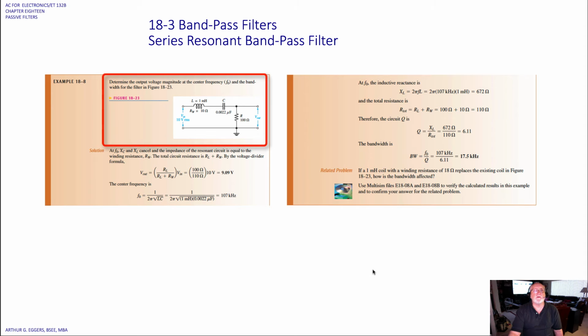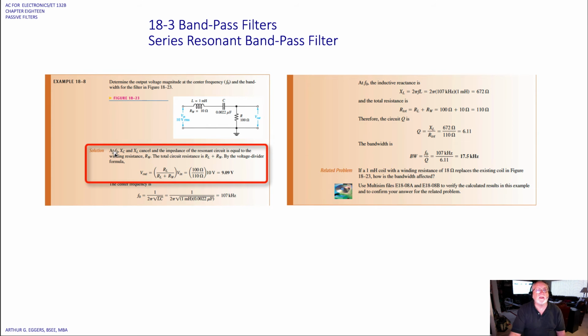So in this example, we want to determine the output voltage magnitude at that center frequency F naught and the bandwidth for the filter. Let's take a look at this circuit. We've got a 1 millihenry inductor that has a winding resistance of 10 ohms. We've got a capacitor that's 0.0022 microfarads, 22 thousandths of a microfarad, and a resistor on the output of 100 ohms.